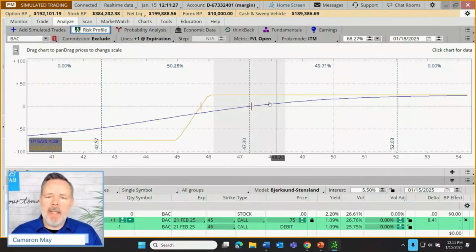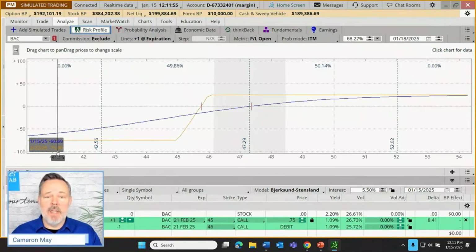Okay, but in any case, this is showing us how much the trade can make at expiration, at the 21st of February. How much can it lose? Oh, if we just follow this orange line down, it bottoms out down here. And as I point at this, so this is at levels at 45, 44, 43, 42. If we're at any of these price levels at expiration, we can see the number over here now shows minus $75.